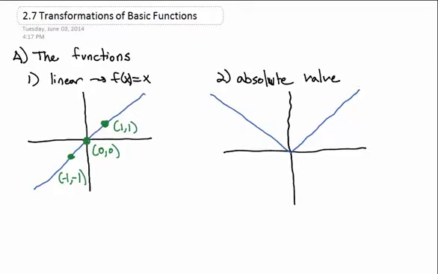Essentially, we took the linear function and took that negative part and reflected it positively. Again, the 3 points you need to know in the absolute value function are (1, 1), (0, 0), and (-1, 1). If you know those 3 points, you can graph an absolute value function.